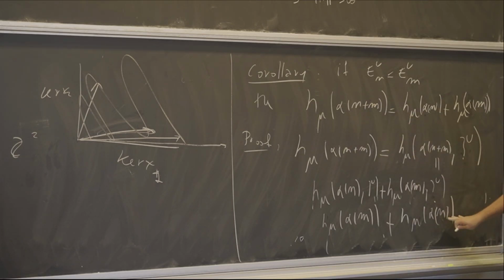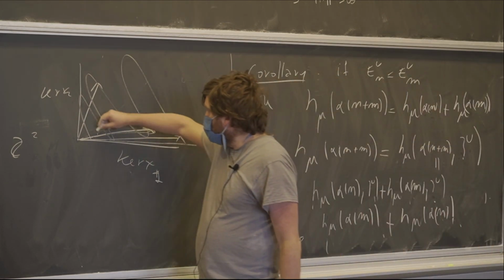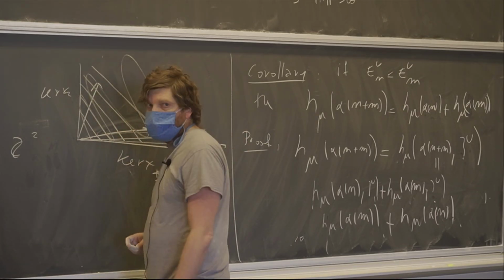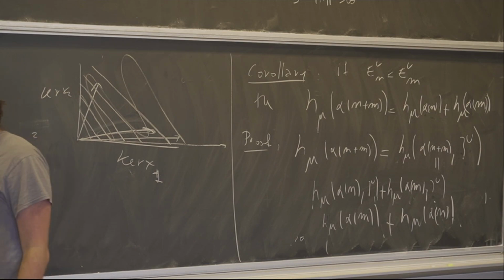I prove the equality, and after I prove the equality, the partition disappears. So I still get the formula all the way, which means that on this cone, on each Weyl chamber, by definition, the entropy is linear.